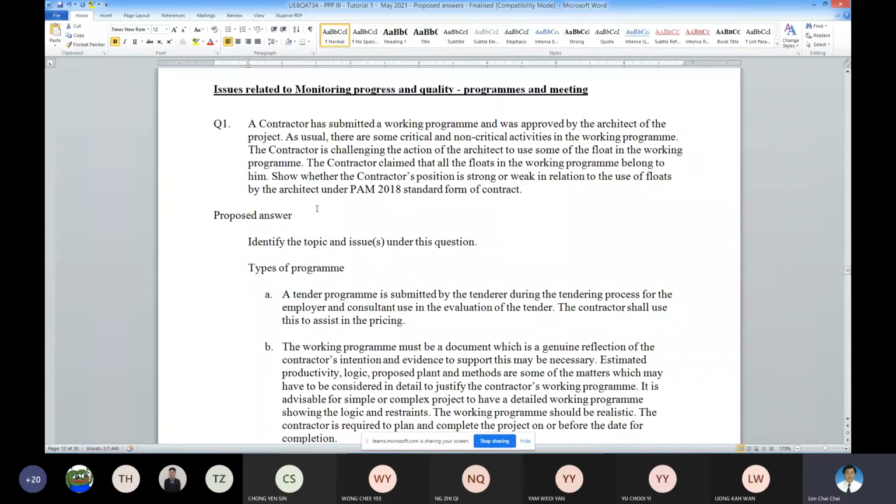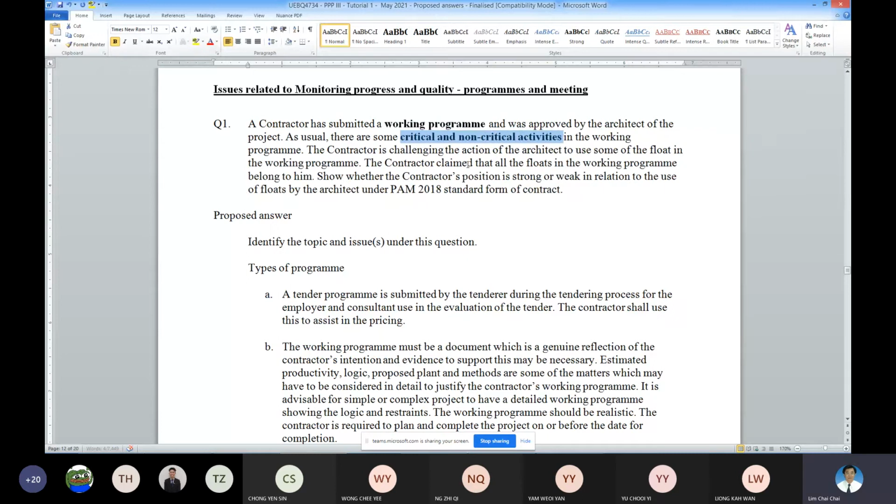This is a question on your working program, and we are dealing with critical and non-critical activities. So we are dealing with float. Can the architect use the float or not? That is the issue. Show whether the contractor's position is weak if the architect were to use the float in a so-called non-critical item.